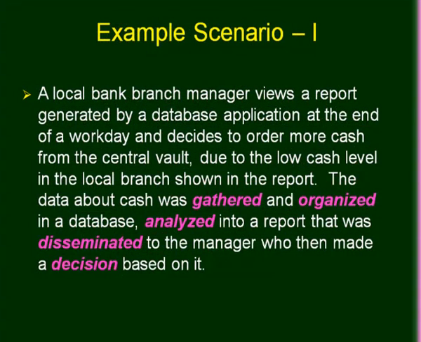If you see the slide, a local branch manager views a report generated by a database application at the end of a work day and decides to order more cash from the central bank. Why does he have to order more cash? Due to the low level of cash in the local branch as per the report. So that means the manager has taken a decision of ordering more cash from the central bank to his bank.